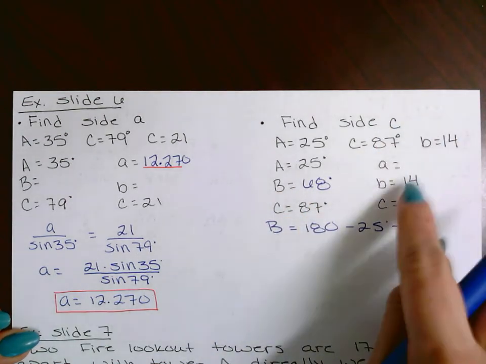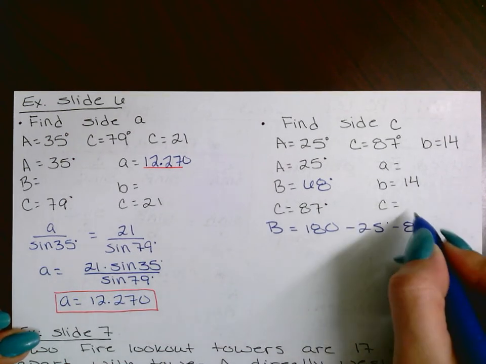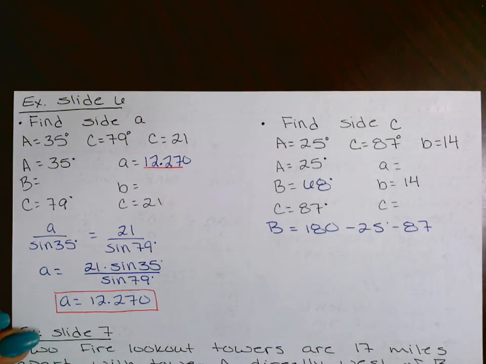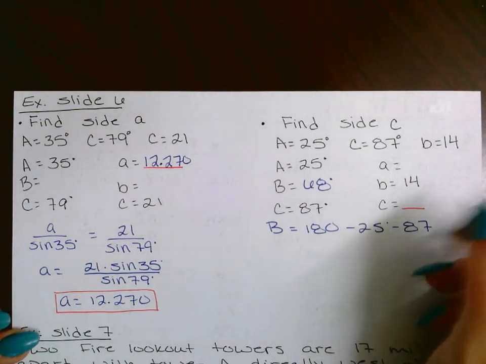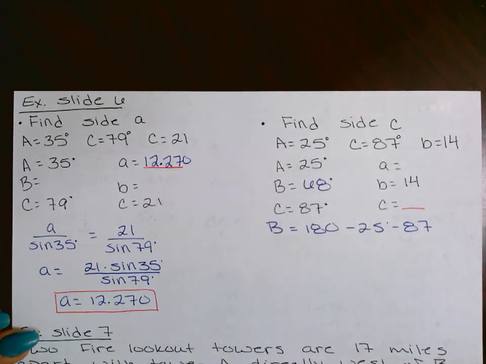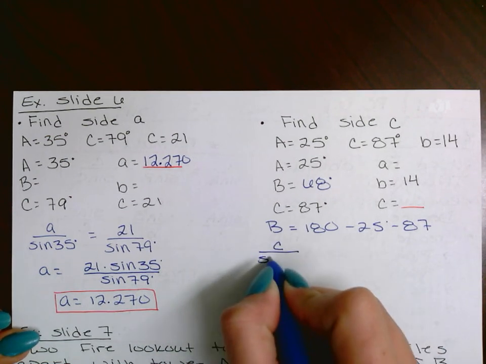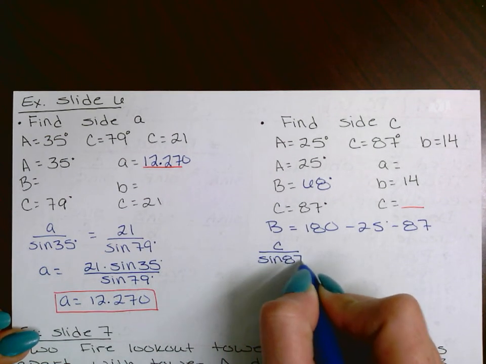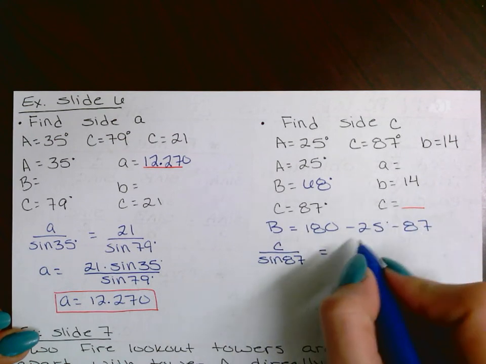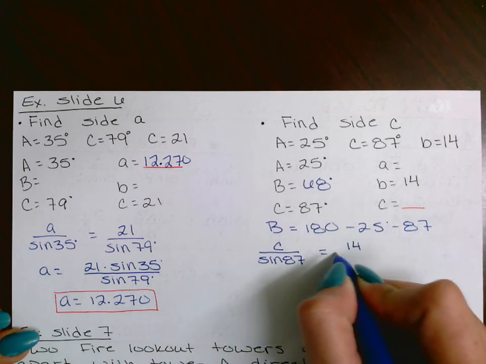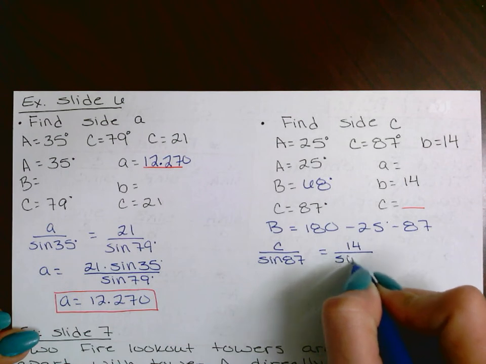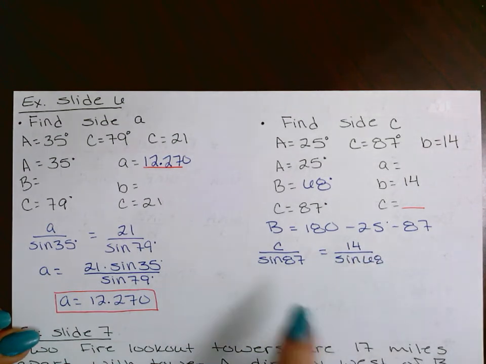Now they want us to find side C. Okay. So now I have a match with B. I don't need that A anymore. Okay. So I could say little c over sine of angle C, which is 87, equals the match that I have, which is 14 over sine of 68.